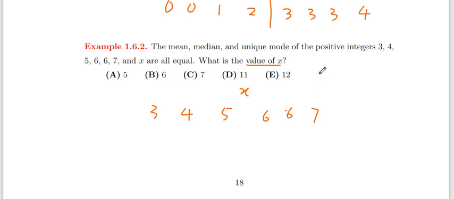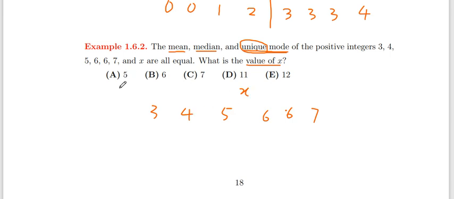Okay. So it says mean, median, and mode. The mode is unique, only one mode. Okay, so if this is a unique mode, this x cannot be 5, cannot be 4, right?